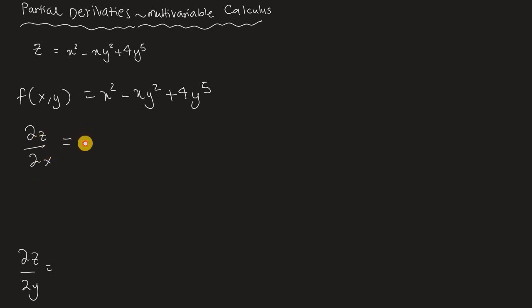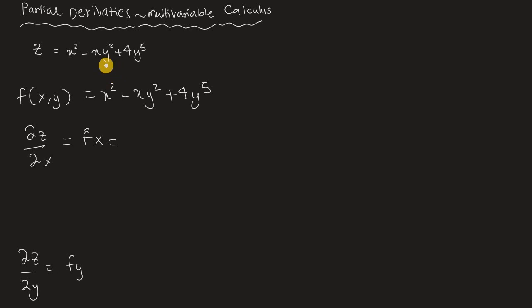This can also be written as simply f sub x, and the partial derivative of z with respect to y can also be written as f sub y. It's simply taking the function f and differentiating with respect to x and differentiating the function with respect to y. Okay, so now we will start.